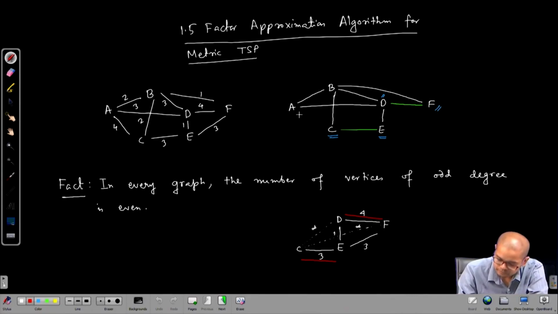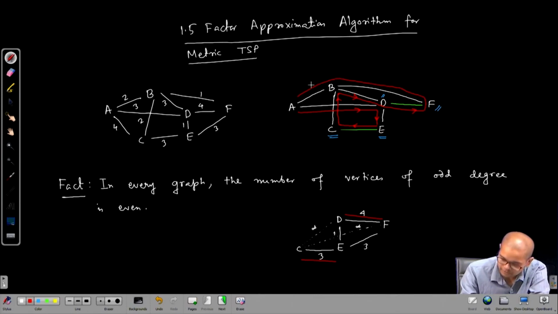So, from A let us go to D, from D to E, from E to C, from C to B, from B to D, from D to F, from F to B, and then A, come back to A. Okay.